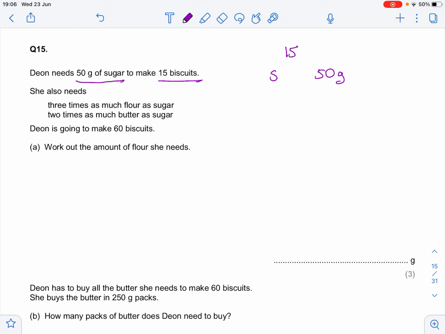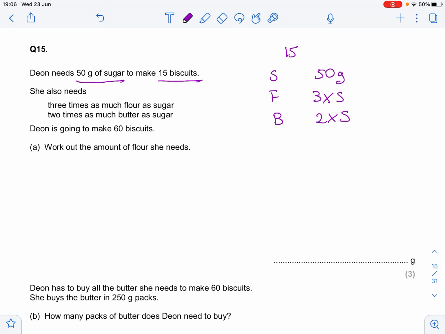Then she also needs flour, which is 3 times as sugar. And she also needs butter, which is 2 times as sugar.